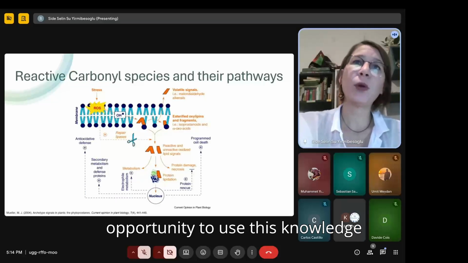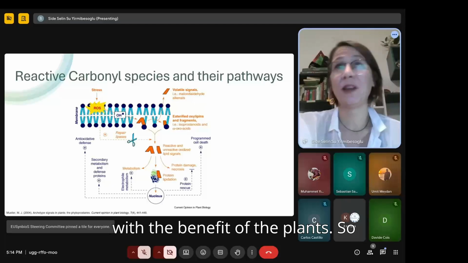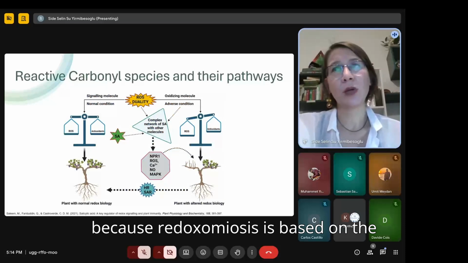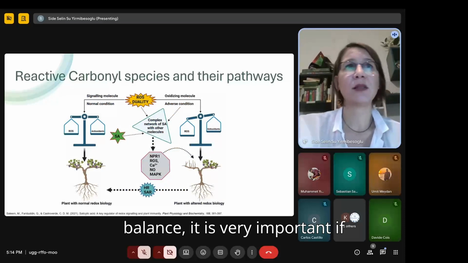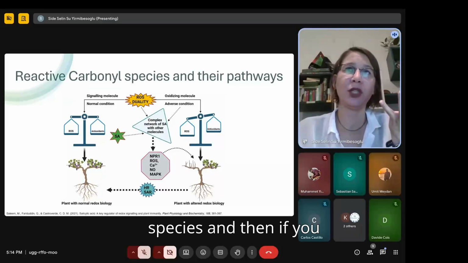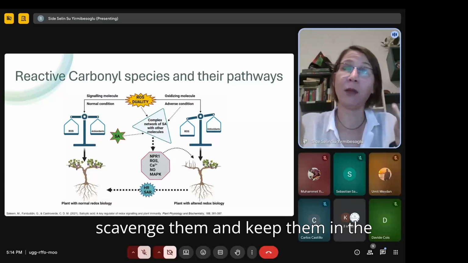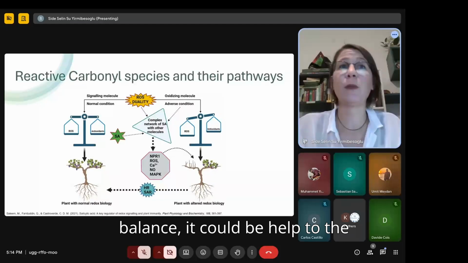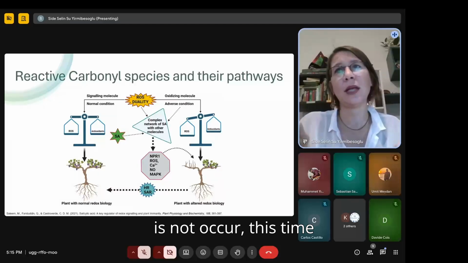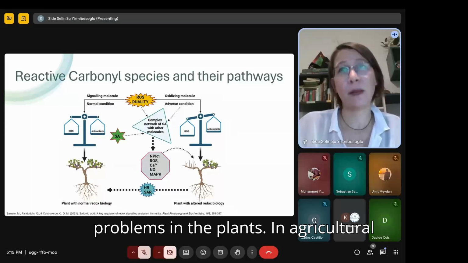Also, we have the opportunity to use this knowledge for the benefit of the plants. Because redox homeostasis is based on the balance, it is very important if you produce some kind of reactive oxygen species, and then if you scavenge them and keep them in the balance, it could help the plant to be healthy. But if this balance does not occur, this time we face serious health problems in the plants.